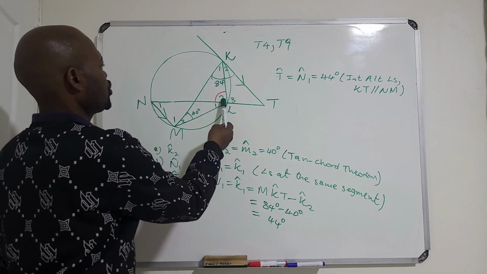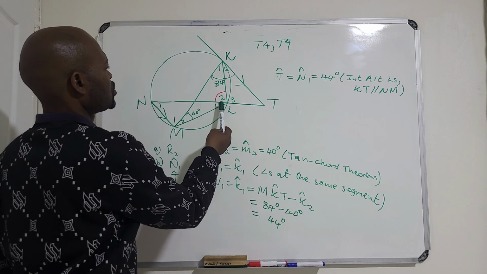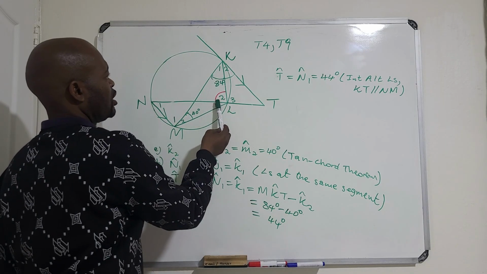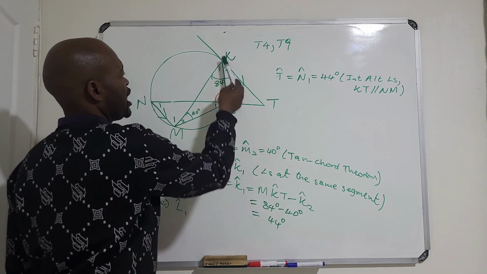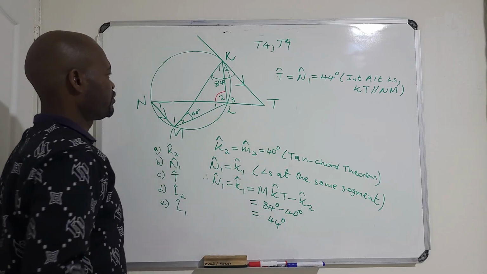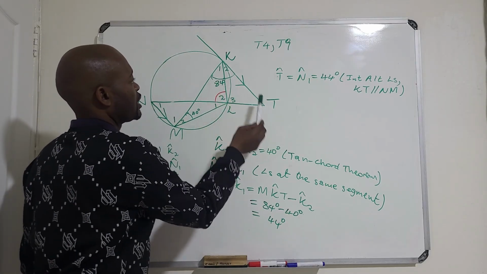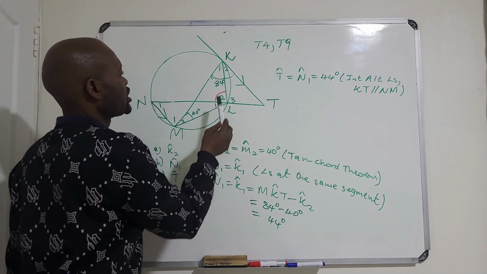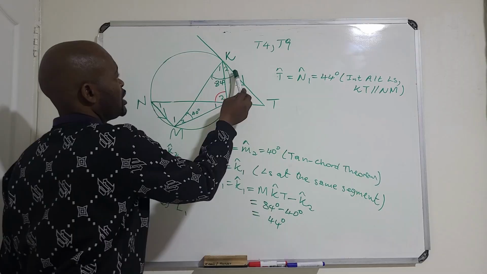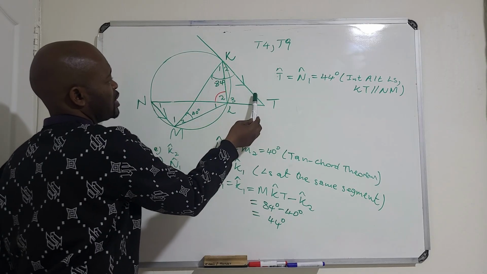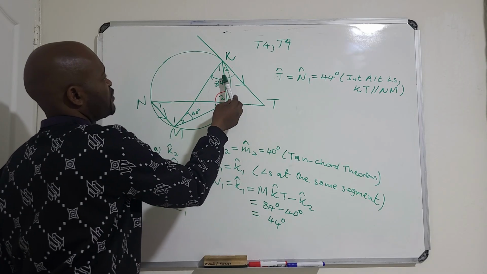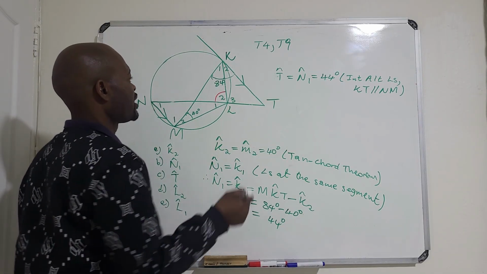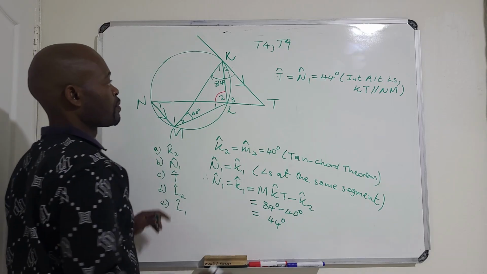Now, L2 is equal to the exterior angle of triangle KTL. The exterior angle is equal to the sum of this and that. And we do have K2, we do have angle T. Therefore, we can find L2.